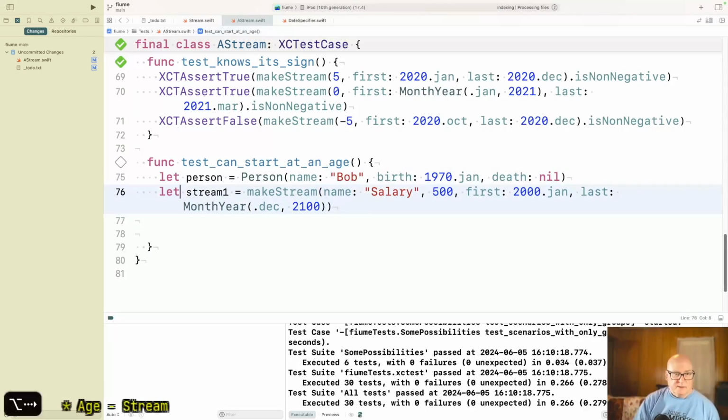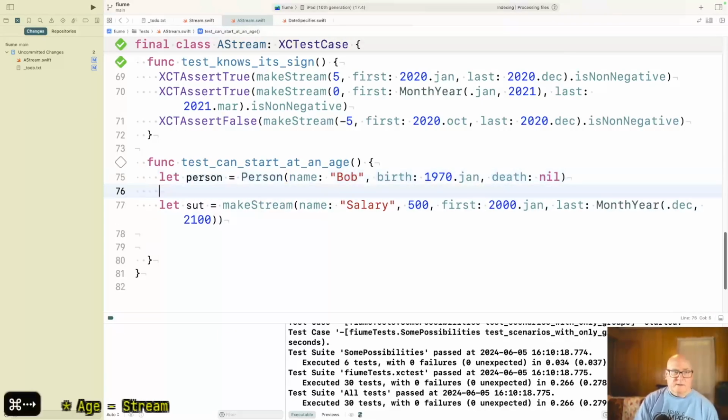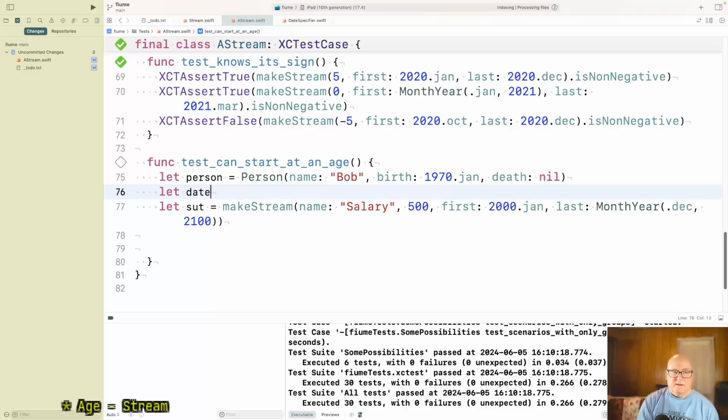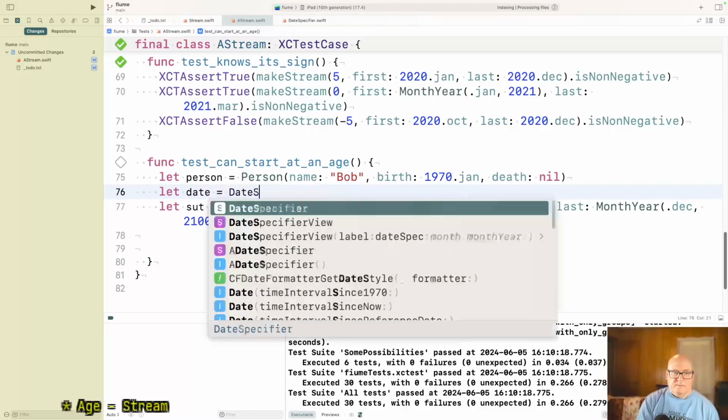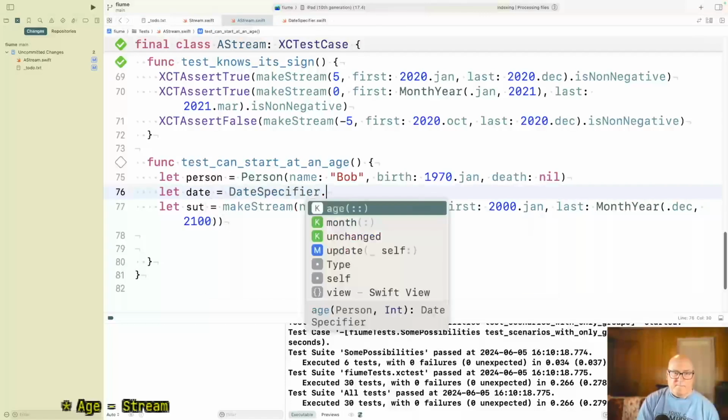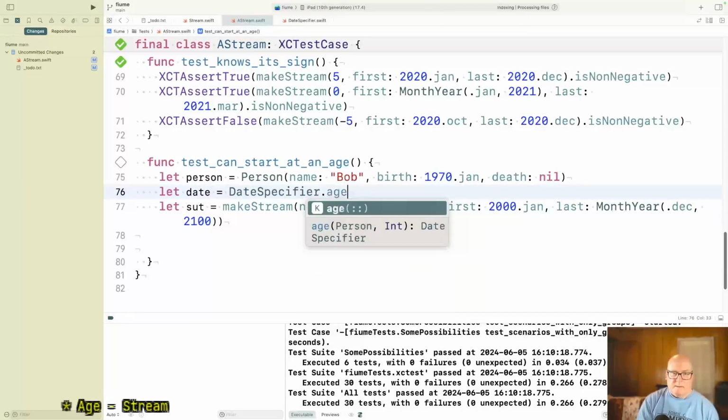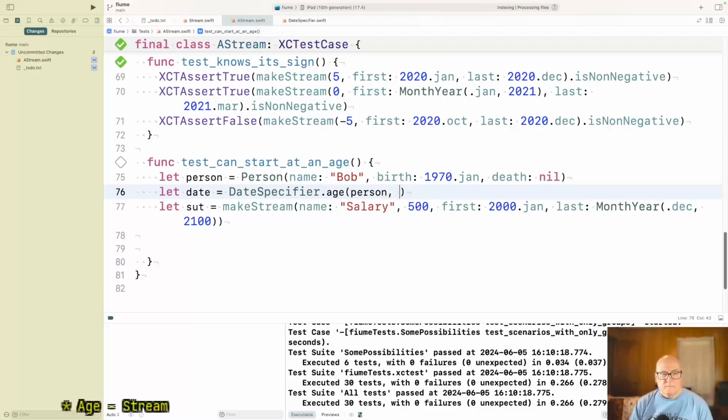Okay. And I guess this is really sut. And we want the date specifier at 40. Okay, so the year is 2010.